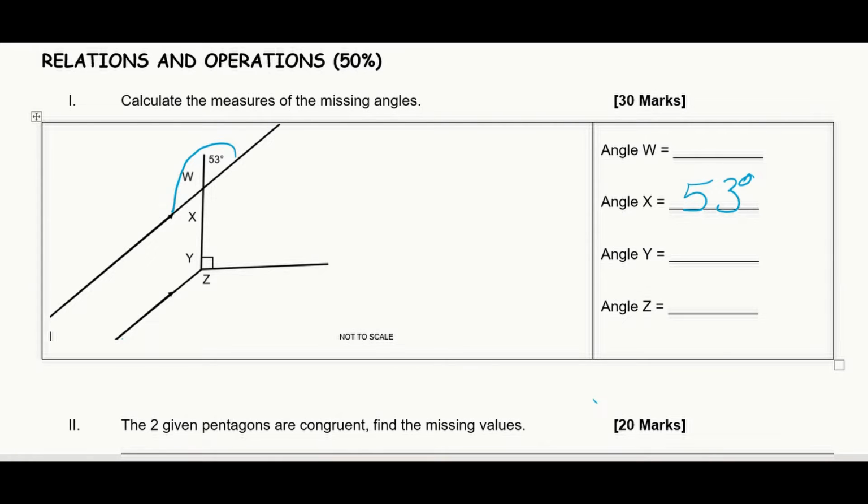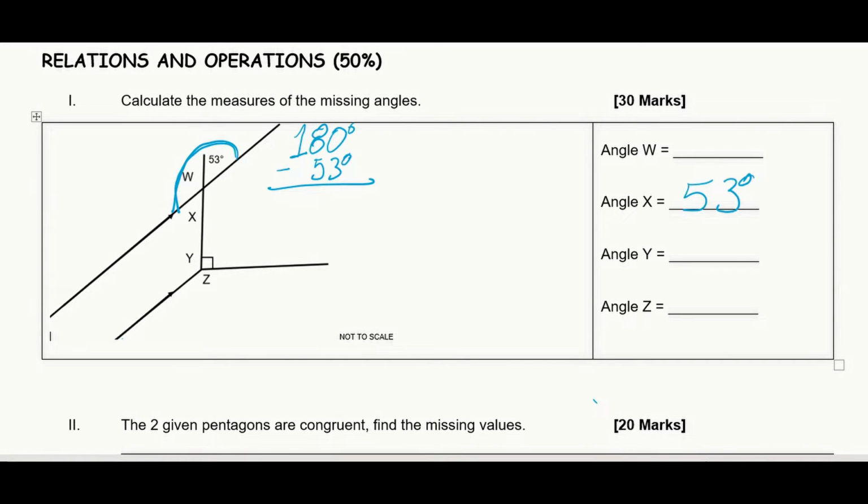And they are adjacent in a straight line or a straight angle, you can call it. And so it means 180 degrees from this point to this point minus 53 degrees is what? Well, it is W, right?